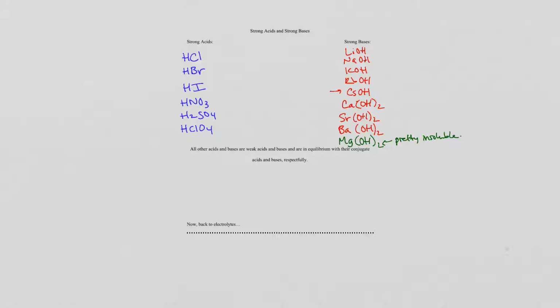By the way, strong bases are group 1 and lower group 2 hydroxides. So if you have an acid that's not one of these six, or a base that's not a group 1 or lower group 2 hydroxide, it is a weak acid or weak base, respectively.